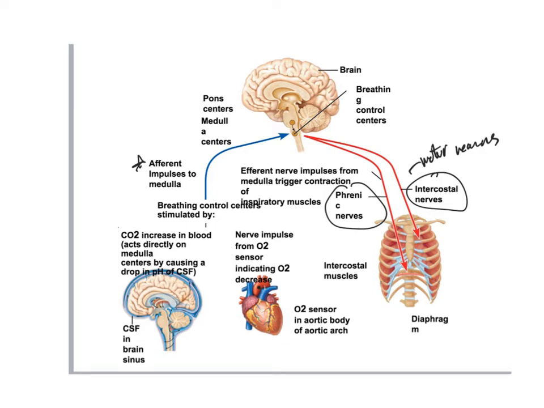So you get input from the signal, the receptors that are monitoring the gas levels. We have CO2 and oxygen that are being monitored in different areas. We'll talk about those in a second. And they put this input into the medulla and the pons. So there's your afferent impulse, and then you have an efferent nerve impulse that triggers the reaction, the contraction of the respiratory muscles.